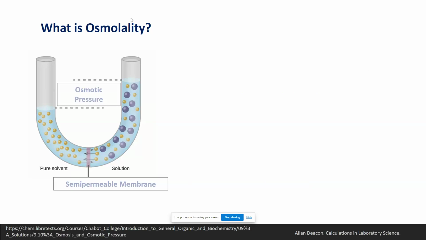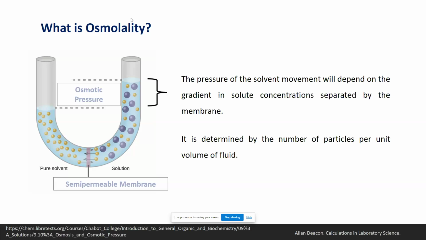Whenever a solution is separated from a solvent by a membrane that is permeable only to solvent molecules, there is passage of solvent across the membrane into the solution. Therefore, a pressure differential develops across that membrane, which is referred to as the osmotic pressure. The osmotic pressure will depend on the gradient in solute concentrations as separated by this membrane, and it is determined by the number of particles per unit volume of fluid.